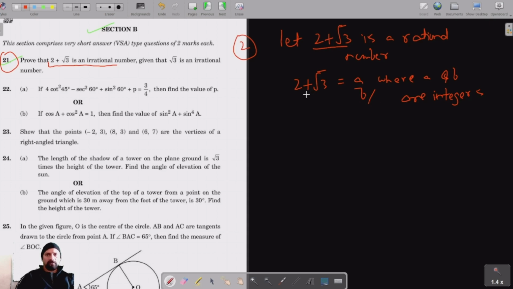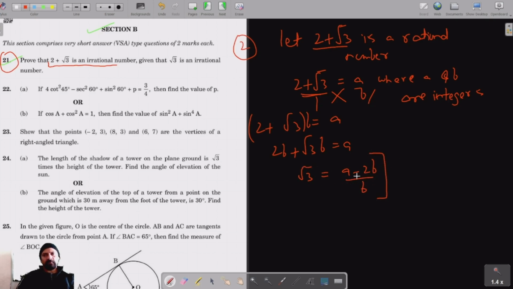Now if we cross multiply, 2 plus root 3 into b is equal to a, which gives us 2b plus root 3 into b is equal to a, and root 3 is equal to a minus 2b by b.